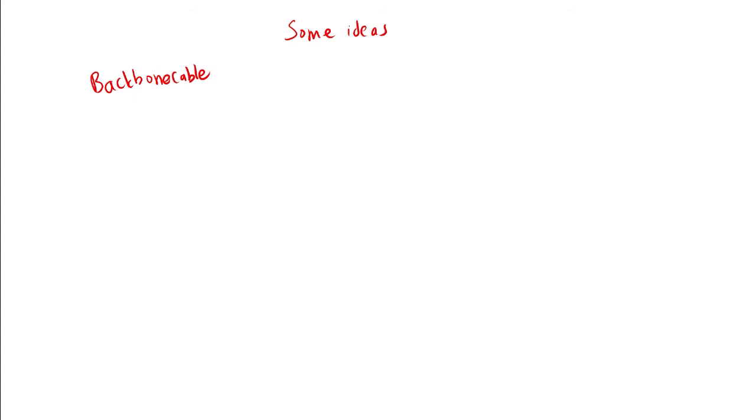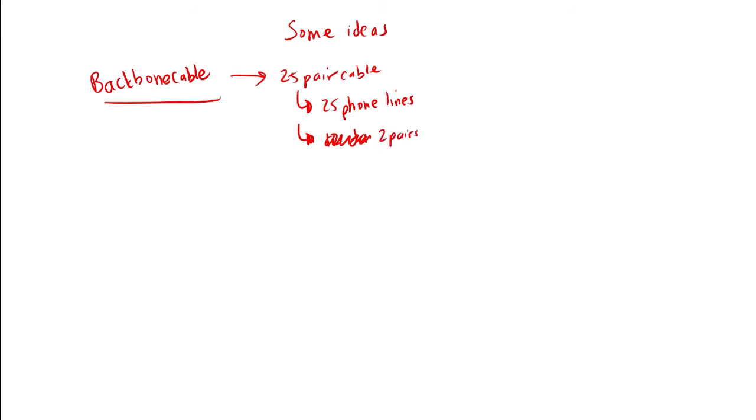So there's a rule that when I install my backbone cable, for example a 25 pair cable between my rooms, I can put 25 phone lines, or I can put 12 data. Oops. I need 2 pairs for Ethernet.